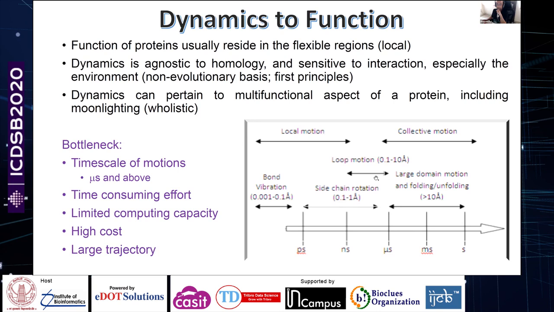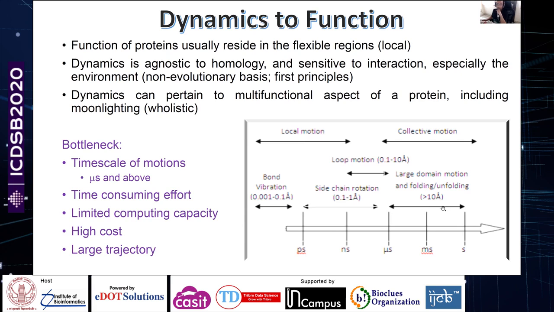So because the loop motions primarily determine the functions, we aim to do an economical microsecond simulation. And in those days, doing microsecond simulations were still hard, not so much so with the advent of high-powered GPUs. But to fully conquer the collective motions, we should be able to go to millisecond level.